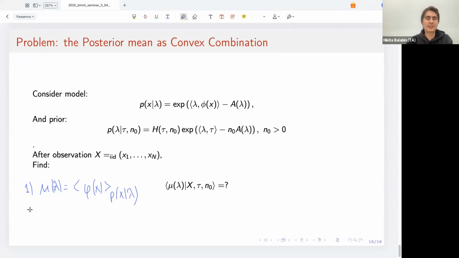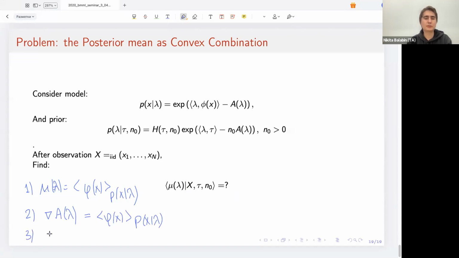Also, on the first seminar it was discussed that the main thing to prove this is that the gradient of the normalization constant is also this expectation.